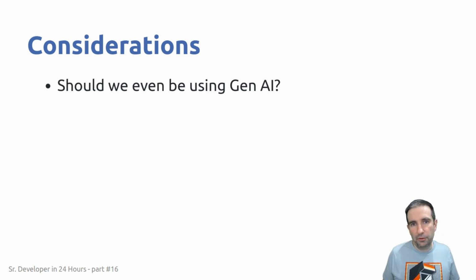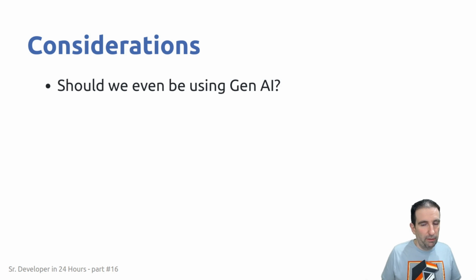There's another big consideration. Should we even be using GenAI? Again, GenAI is very useful for generating boilerplate code. But, is there a better way for us to deal with this boilerplate code? Keep in mind that as much as GenAI is exciting and cool and everybody's talking about it, there are a lot of other tools that can also help us deal with some of these problems.